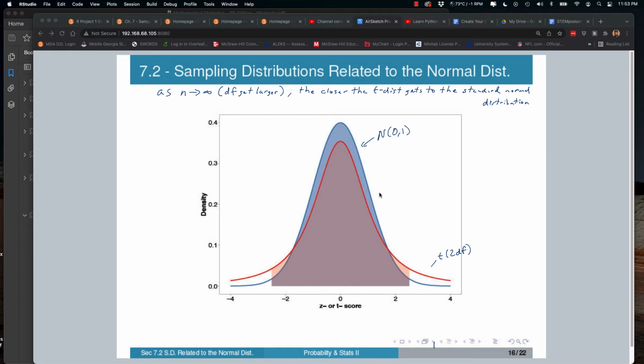Okay, going on. The thing I wanted to note here, and that you should probably write down somewhere, is that fat tails on the t means we have more variation than in the z curve.